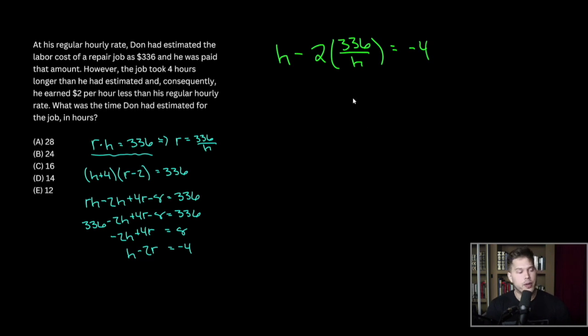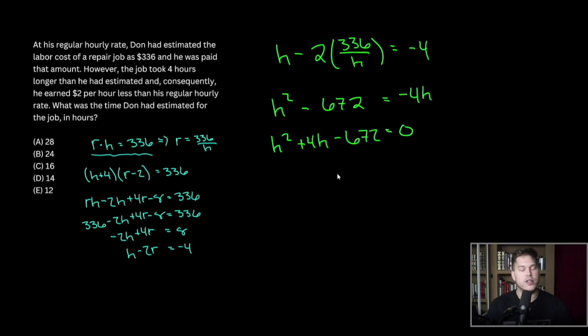Next, let's multiply both sides by an h, and that would leave us with h squared minus 2 times 336 is 672, and it would equal negative 4h. Next, let's put everything on the same side so that we have h squared plus 4h minus 672 is equal to 0. And lastly, let's factor this equation.